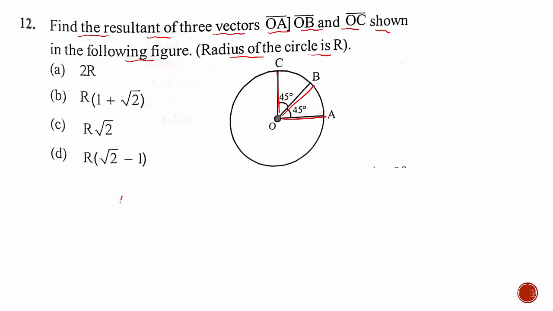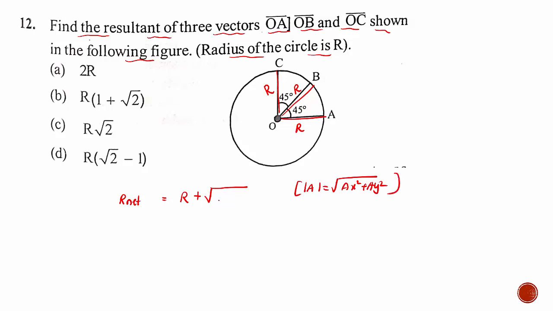Resultant means I can take it as a net resultant is equal to the first resultant value of vector OA. I can take it as R, that is radius R. Here also it is having radius R. Here also it is having radius R. That gives magnitude. Right? For OA I can write R plus, here I can write square root of remaining magnitudes. Means we can use the formula mod A equal to square root of AX square plus AY square.